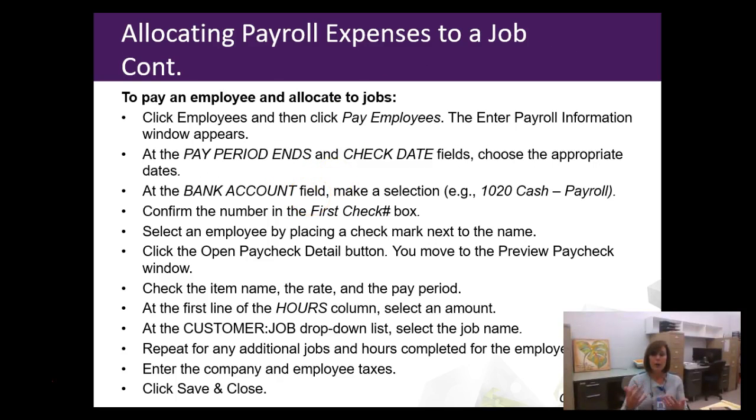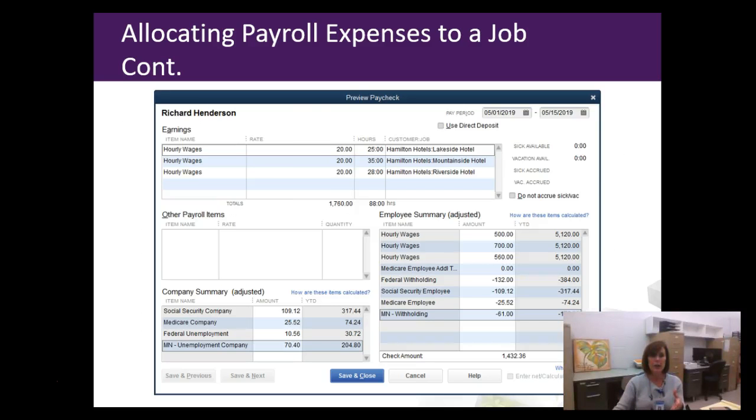And so when we go to pay our employees, this is one way that we're going to allocate costs to the job. And we've gone through payroll pretty extensively, so I'm not going to spend a whole lot of time going over all of this, but I'll just click to the next menu and show you the screenshot of how that's going to look.